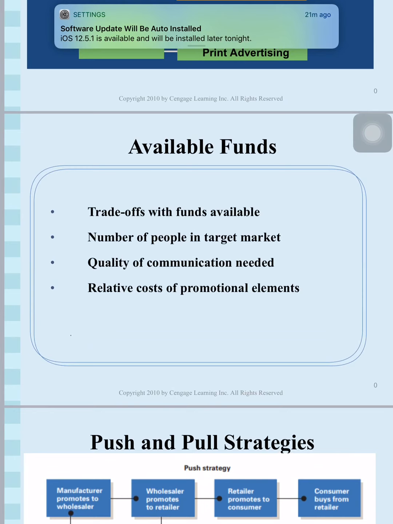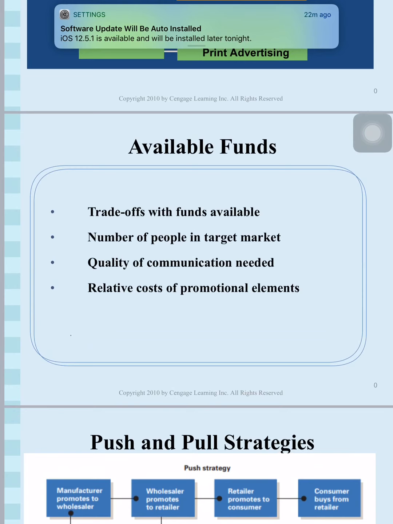So it depends on the funds that you have to invest in the promotional mix. Here they say trade off with the funds available, the number of people in the target market, and the quality of communication needed. What level of quality do you need in communications?